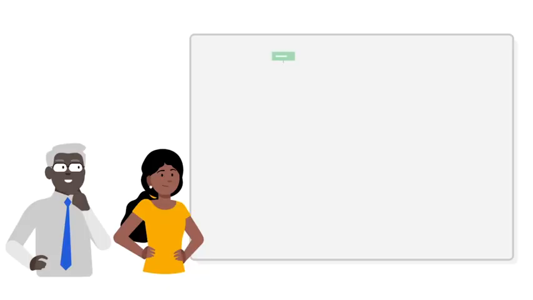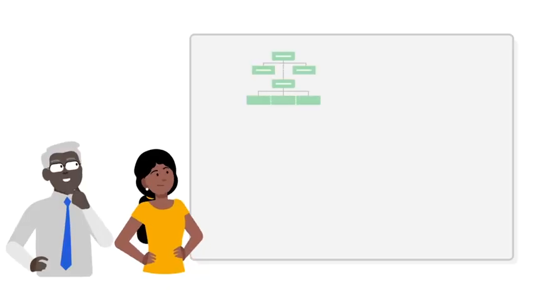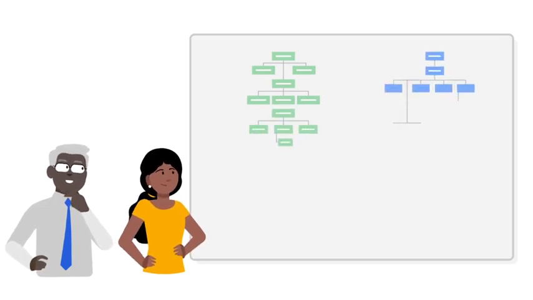Now that we have a basic overview of the definition of organizational structure, let's look at the various organizational hierarchies that you may encounter at work. An organization's structure is most commonly mapped out using a reporting chart or org chart, which is short for organizational chart.